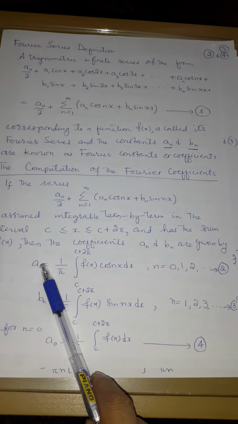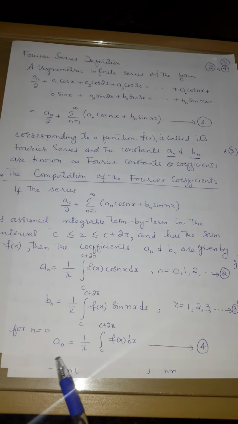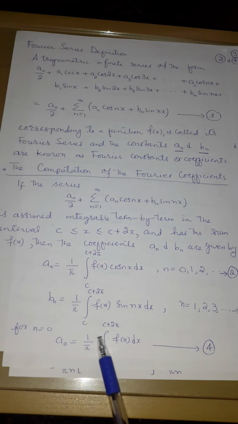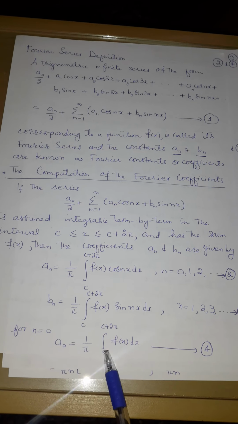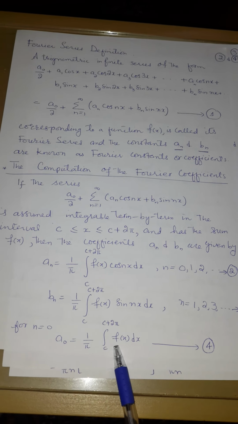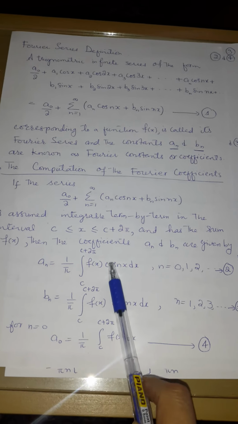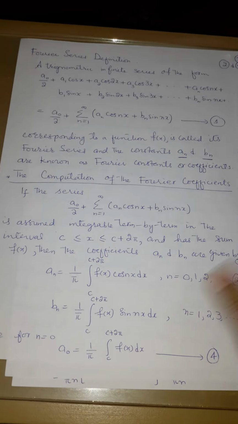Now if we put n equal to 0 here, it will give you a naught, which is 1 over pi integral from c to c plus 2 pi of f of x dx. Here cos of 0 is 1.